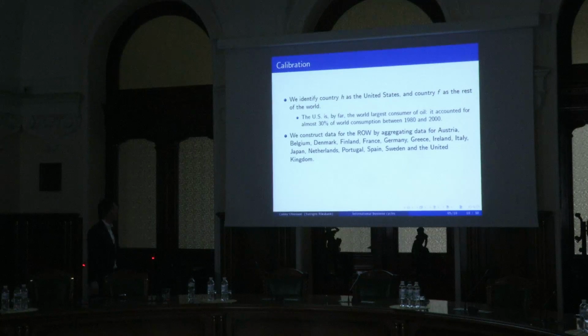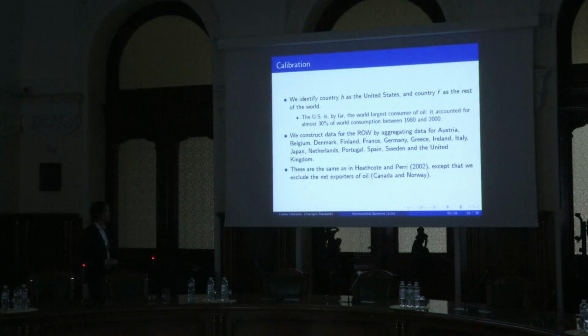It's the same countries as we had on the first table, I guess. And why these countries? Well, these are the countries we could find the data for that we needed. And they are the same as in other papers. I only mentioned one there, but other papers have done the same thing. They also construct the rest of the world in the same way.